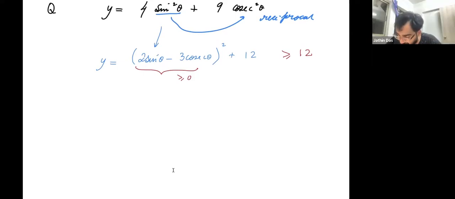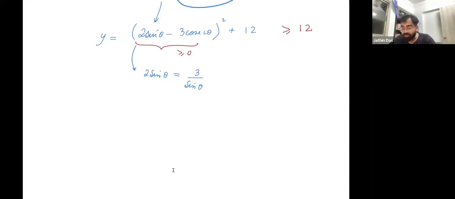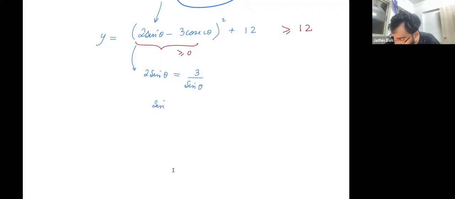Then I'll equate 2 sin theta is equal to 3 cosec theta. Checking when the equality will hold, when this is equal, sin square theta is equal to 3 by 2.